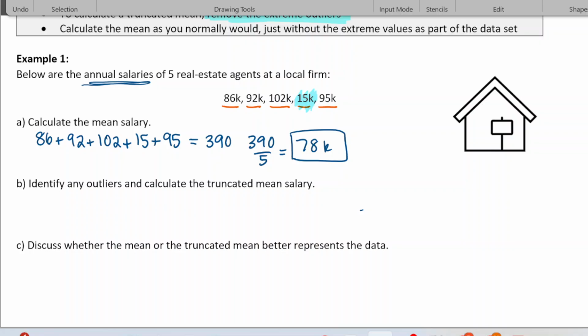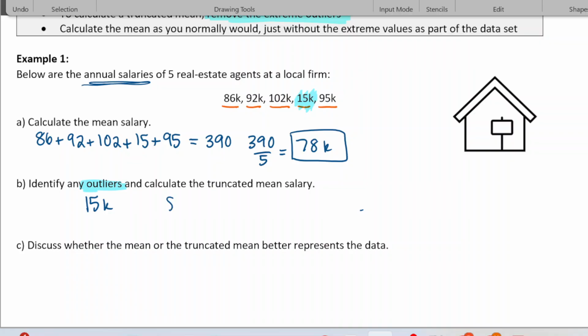But you can notice that 78 is not really like any of the numbers I see there. No person in this data set really earns close to 78,000. So it's kind of a skewed mean. Let's identify the outlier. So 15K is the outlier. And let's calculate the truncated mean.